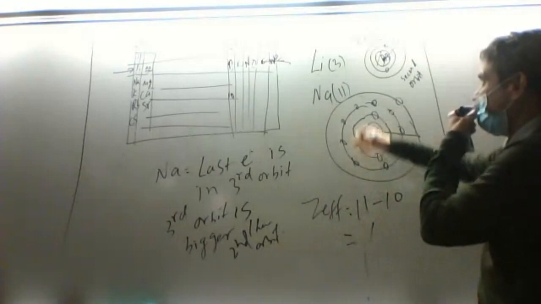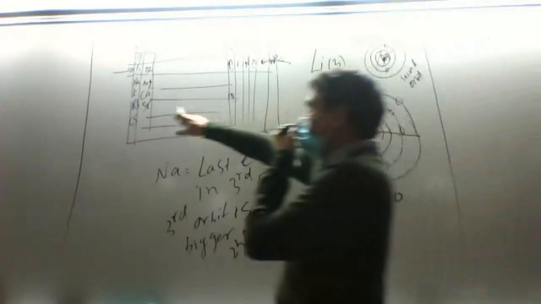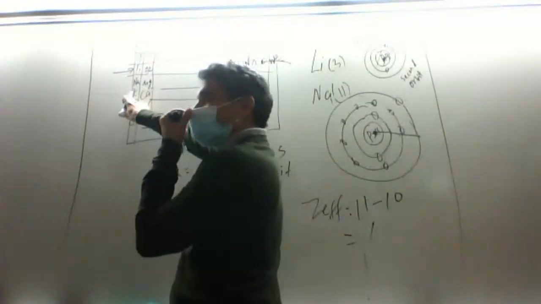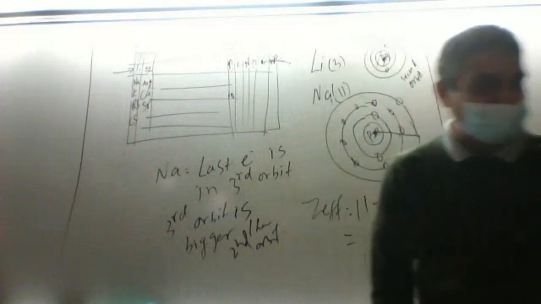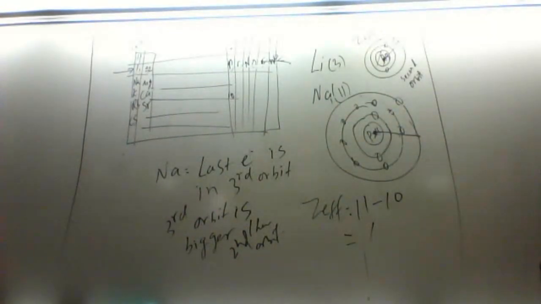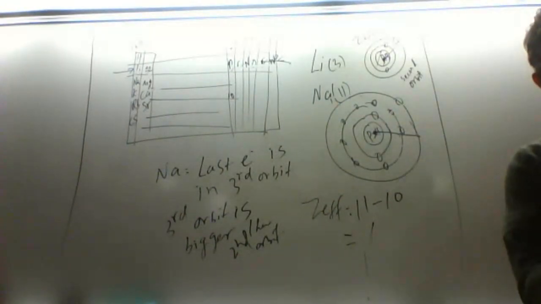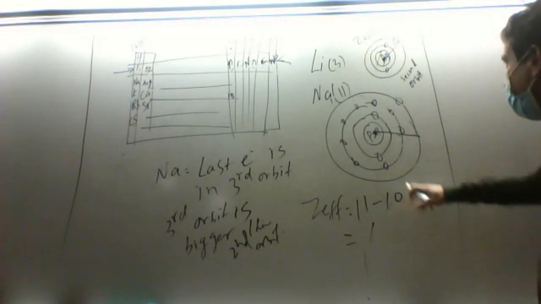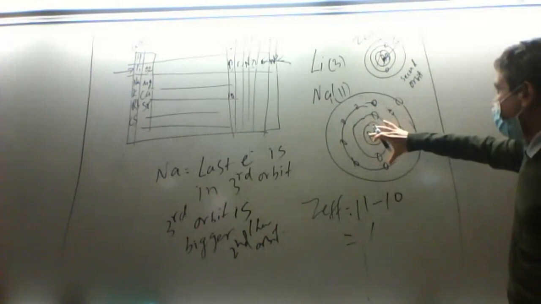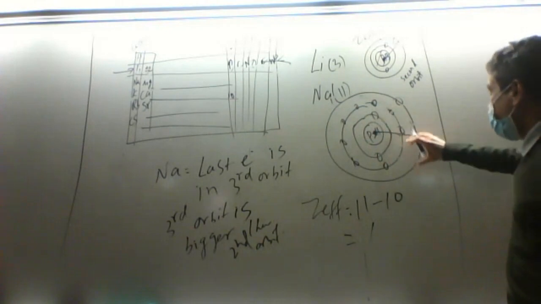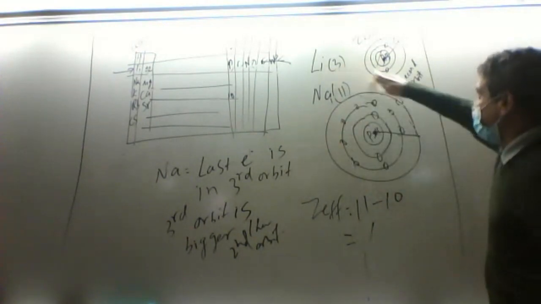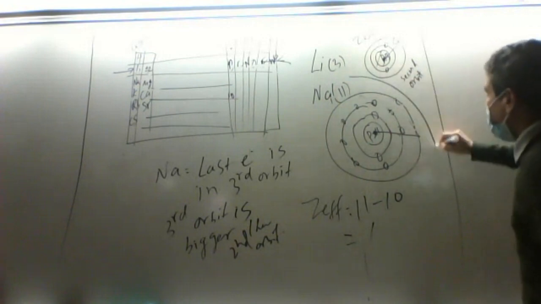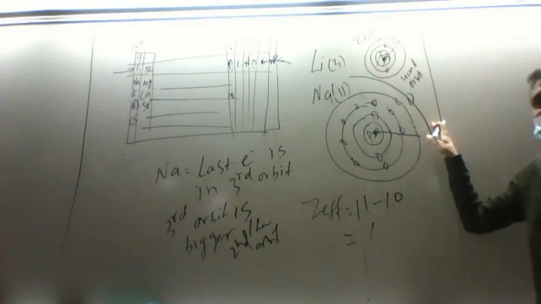Now if you go down, after lithium and sodium, potassium comes, right? The atomic number of potassium is 19. So 2 goes there, 8 goes there, that's 10, then 8 goes here, 18, and the last electron will be added here in the next orbit.